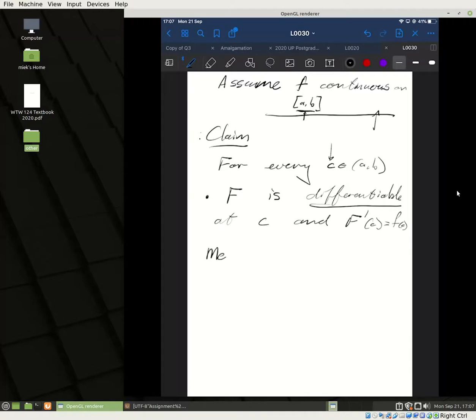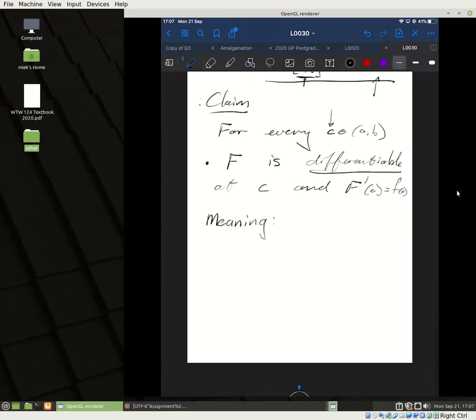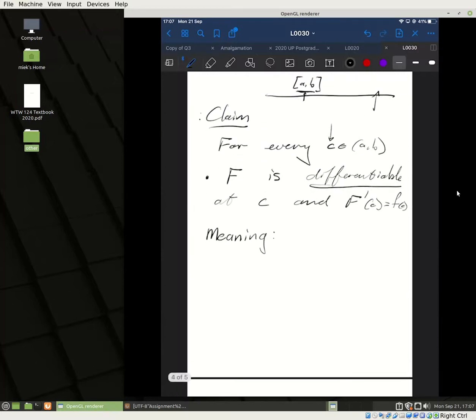So let's write out exactly what this means. This means that the limit as h goes to 0 of F of c plus h minus F of c over h is equal to little f of c. So this is what it means.